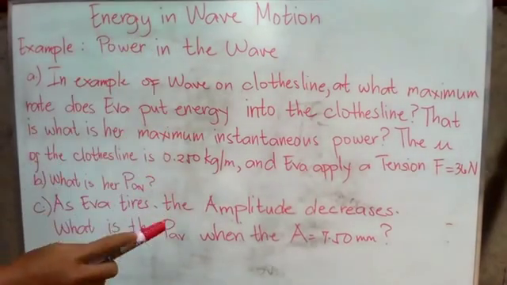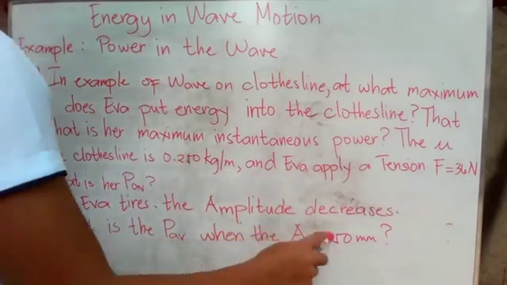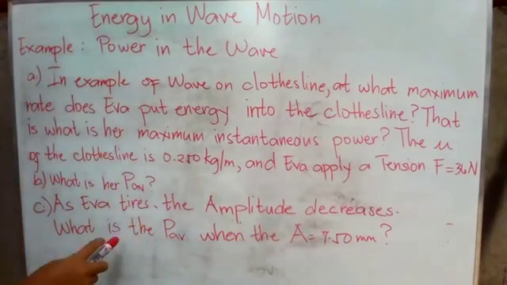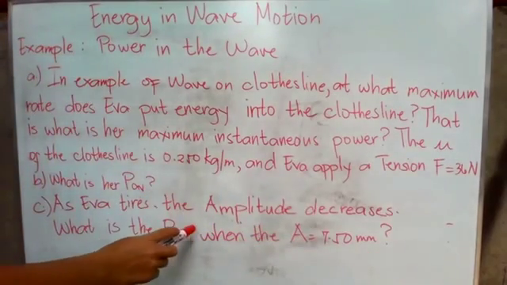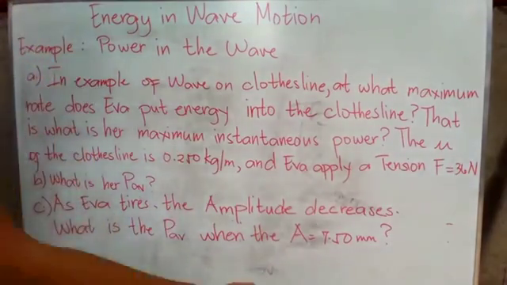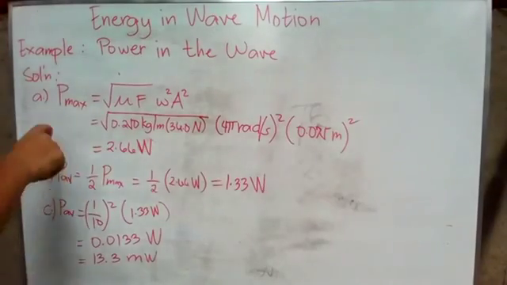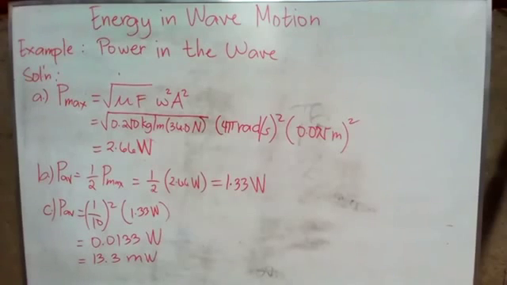As Eva tires, the amplitude decreases. So what is the average power when the amplitude is equal to 7.50 millimeters?